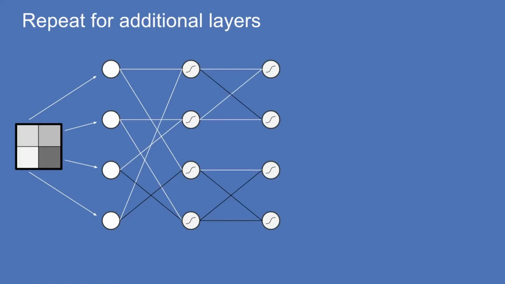Now, because we were careful of how we created that first layer, its values look a lot like input values. And we can turn right around and create another layer on top of it the exact same way, with the output of one layer being the input to the next layer. And we can repeat this 3 times or 7 times or 700 times for additional layers.